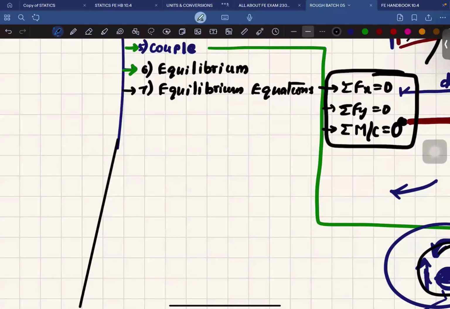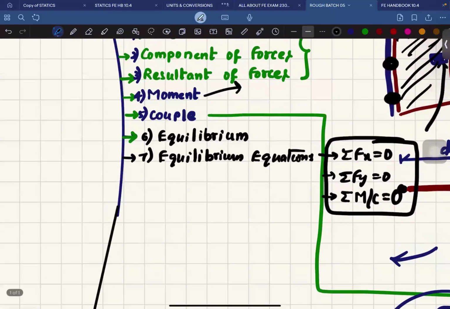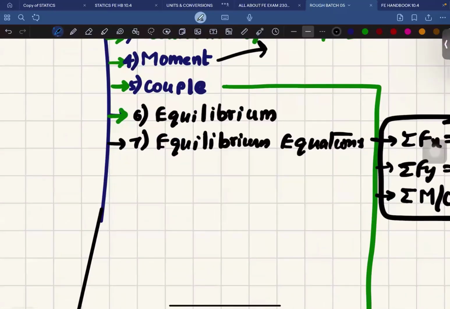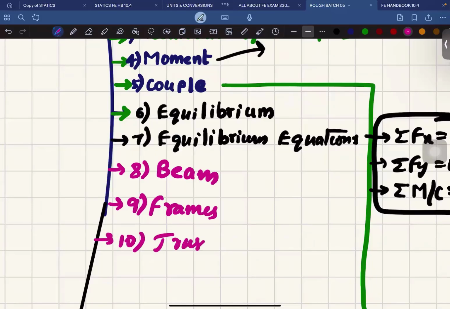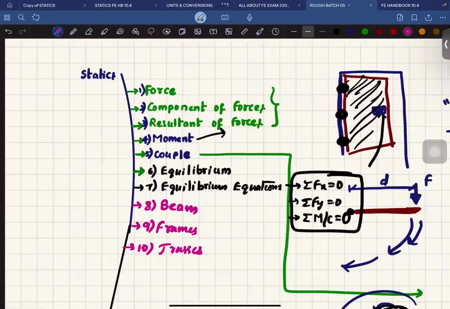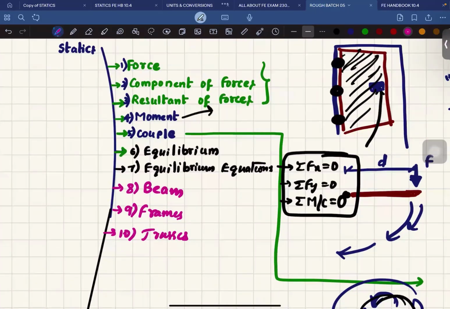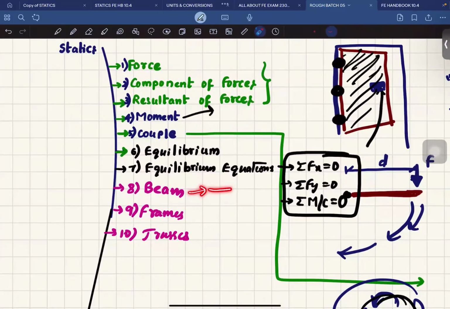there are a few more things. Once you learn about these things, then there are our basic things like the beams, and then frames, and then trusses. How are they correlated to the above things? Beams are nothing but they take the loads. The loads are nothing but forces.